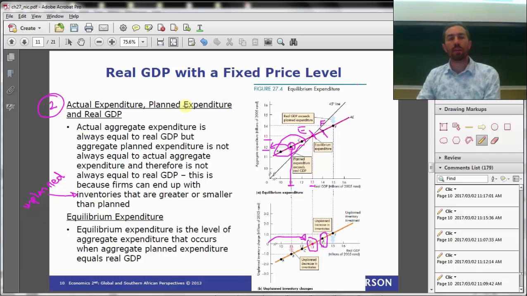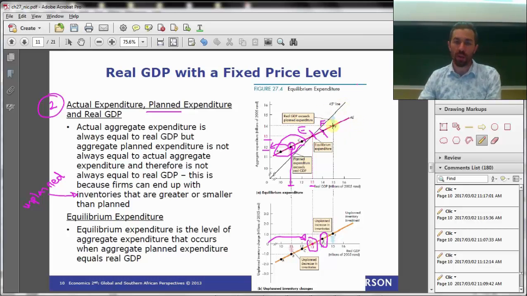Are you happy that it's this distinction between planned expenditure and actual expenditure which drives the dynamics of this system? Anywhere along this aggregate expenditure curve gives us the level of planned expenditure, right? Anywhere along this 45-degree line gives us the level of actual expenditure.